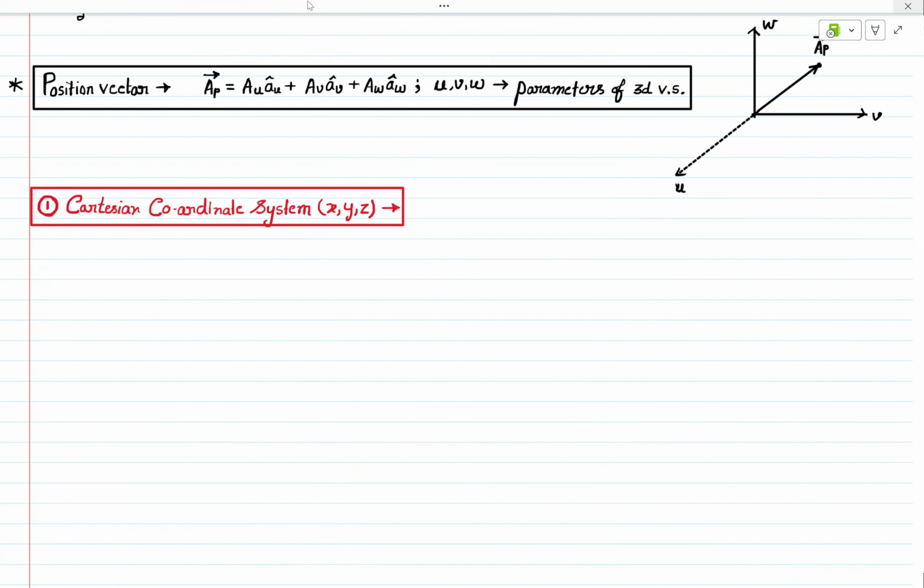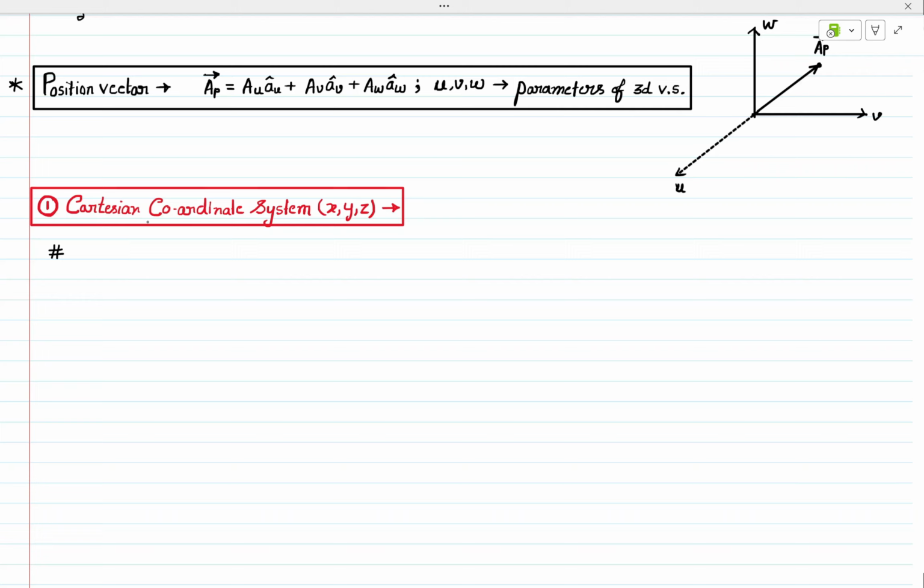Now, in case of the Cartesian coordinate system, understand this point very clearly. In case of the Cartesian coordinate system, the parameters UVW, see UVW is a generalized three-dimensional vector space. So in case of the Cartesian coordinate system, this UVW is x, y and z.